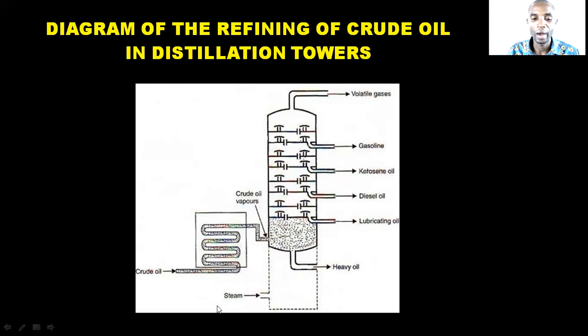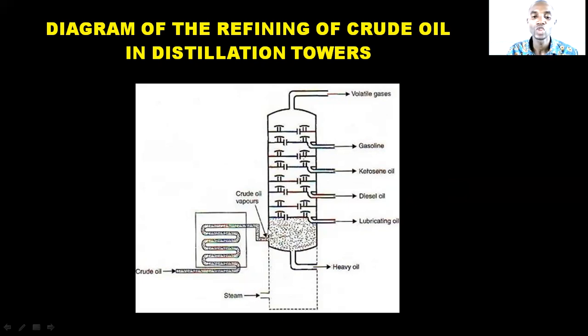Then this is steam, and as it's being heated, the heavy oil will go out here based on their boiling points. The one that has the least boiling point goes up as a volatile gas. They go out here: gasoline out here, kerosene here, diesel here, and lubricating oil. Then the heaviest of them is heavy oil.